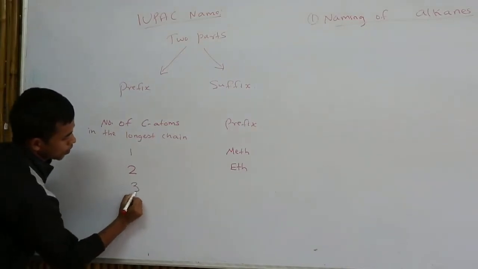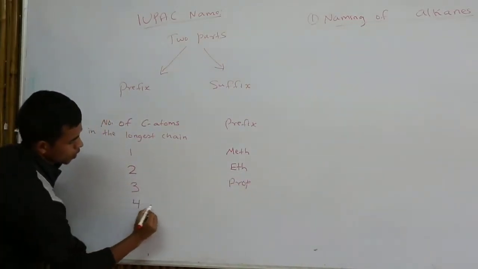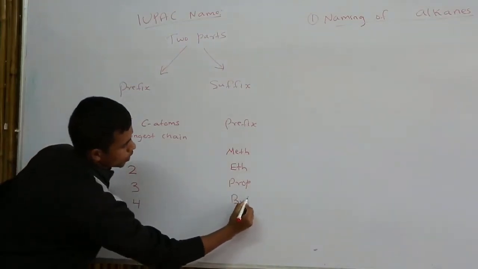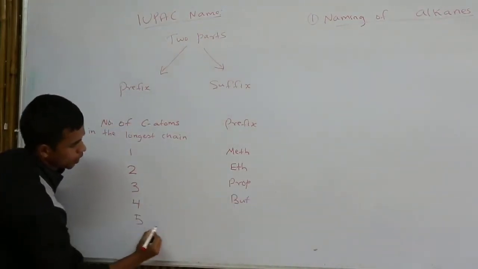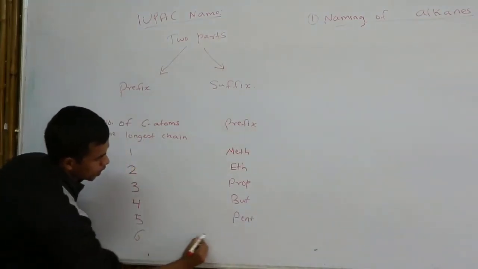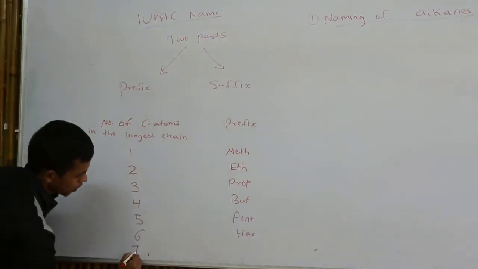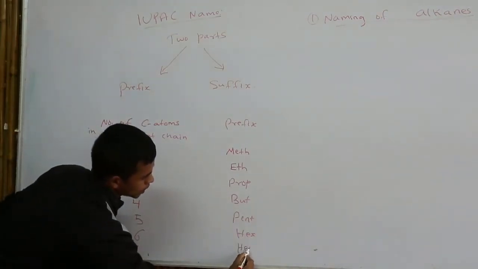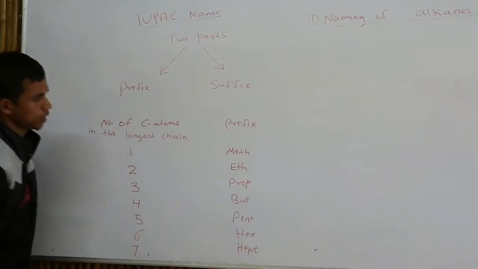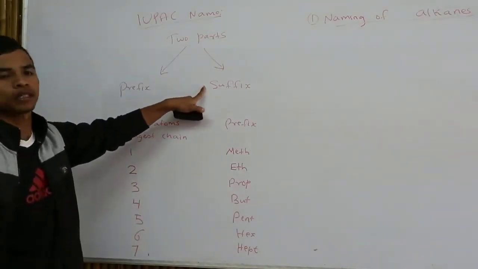And 3 will be prop, 4 but, 5 pent, 6 hex, and 7 hept.